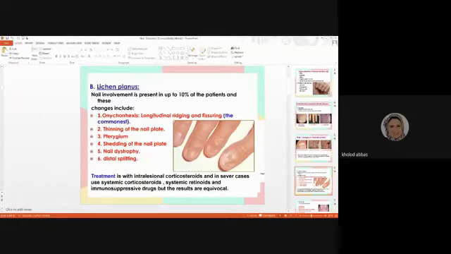Thinning of the nail plate, pterygium, which is adhesion of the proximal nail fold with the nail plate. Nail dystrophy, shedding of the nail plate, splitting also could be found. For treatment we can use intralesional corticosteroid, systemic corticosteroid, systemic retinoids, but also the results are equivocal.